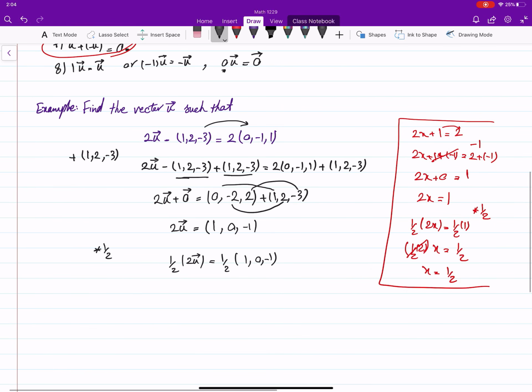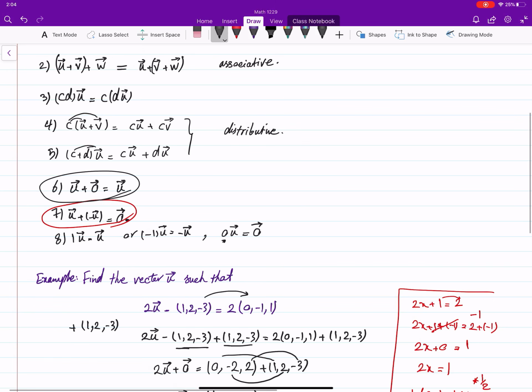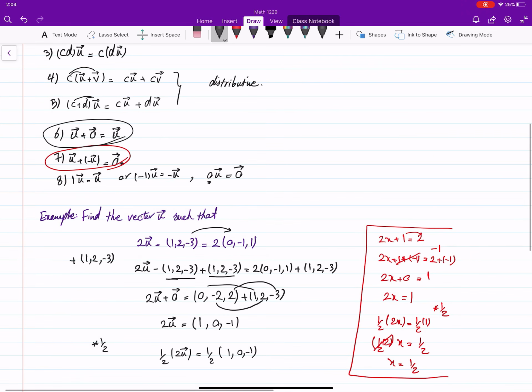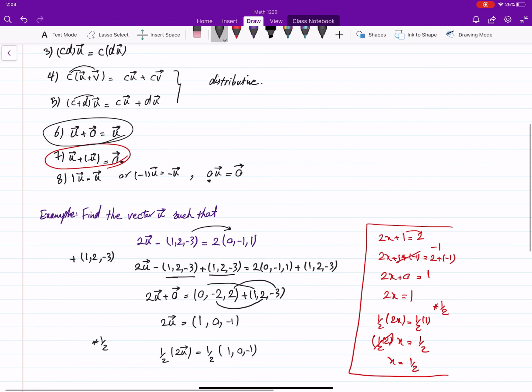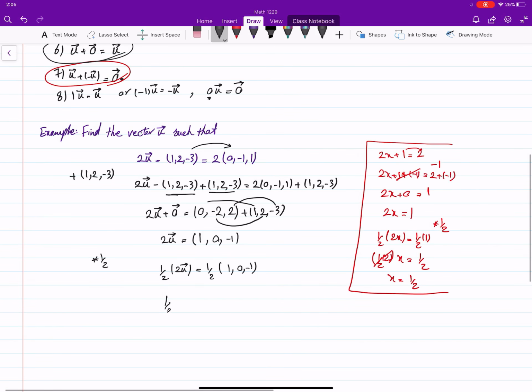But you see, if you have two scalars, look at this property: first, 1 multiplied to u, then the whole thing multiplied to another scalar, we can put these two together and multiply the scalars together. So I can multiply half to 2, then times u equals half times 1 is half, 0, -half.